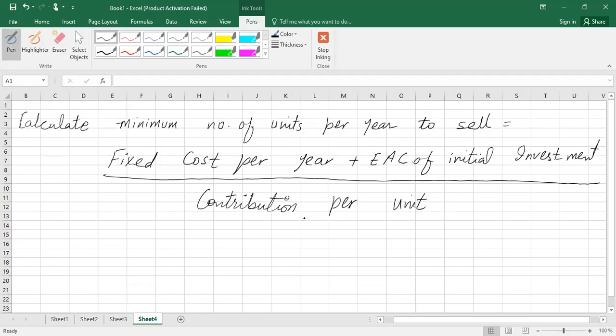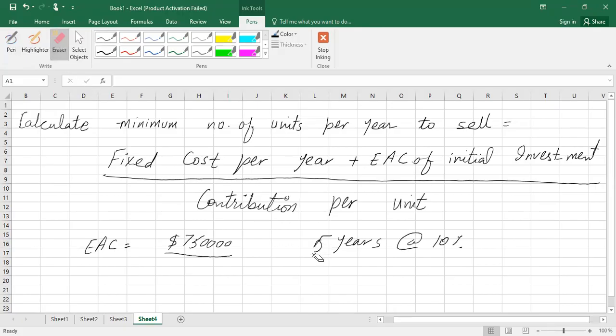Fixed cost per year and contribution per unit are simple, but how to calculate the equivalent annual cost of the initial investment? We have already learned this equivalent annual cost in the asset replacement cycle. Here it means, suppose you are making an initial investment of 750,000 for 5 years, and 10% is your discount rate.